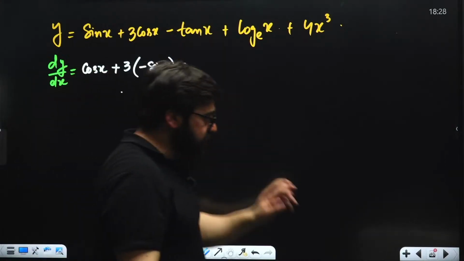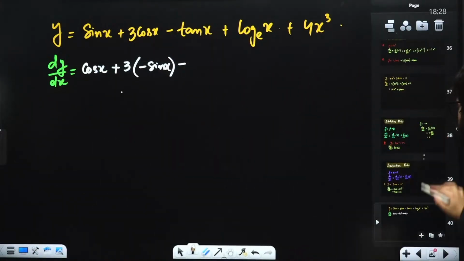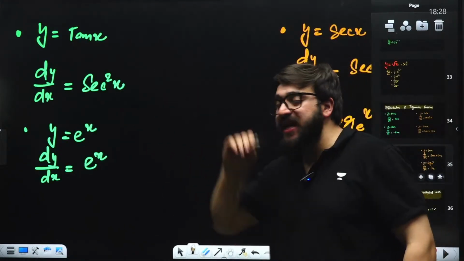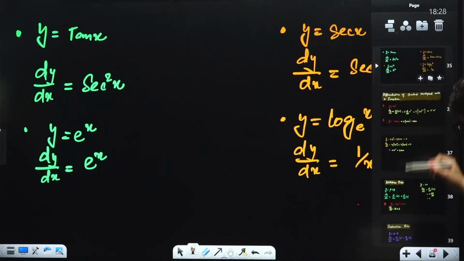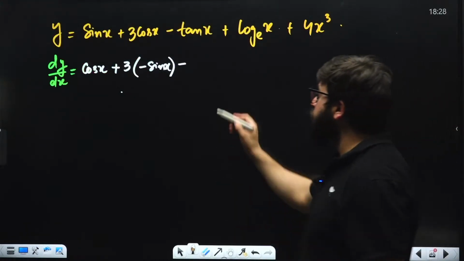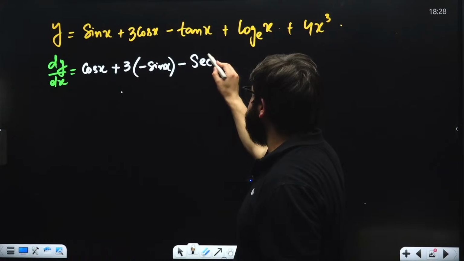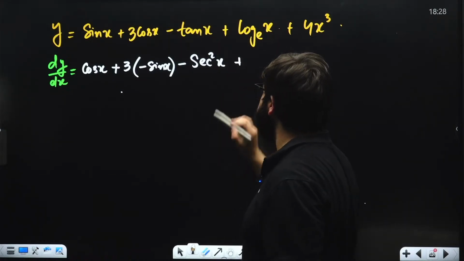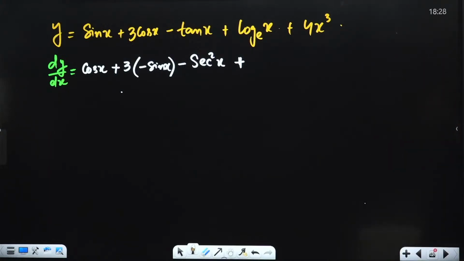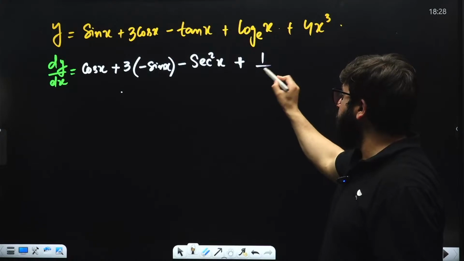What is the differentiation of tan of x? Differentiation of tan x is sec square of x. Then plus. What is the differentiation of log to the base e of x? It is simply 1 by x.